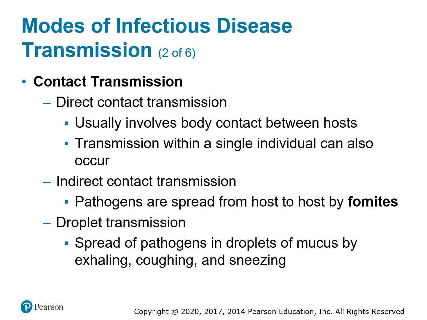And then droplet transmission. This is the spread of pathogens in droplets of mucus by exhaling, coughing, or sneezing. One of the things that I continuously told people back during COVID is that anytime you've had a respiratory infection, cold, virus, COVID, whatever it was, and it was classified as a respiratory infection, you got that because you inhaled someone else's nasal secretions or oral secretions.